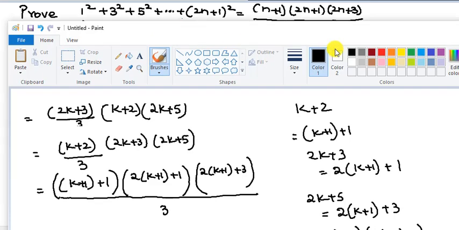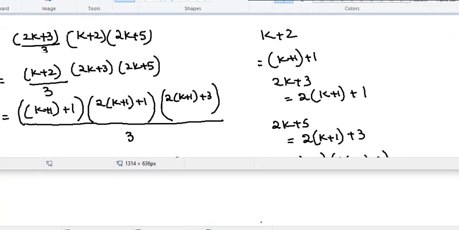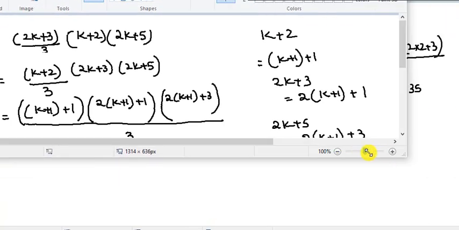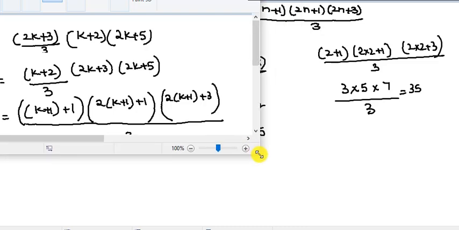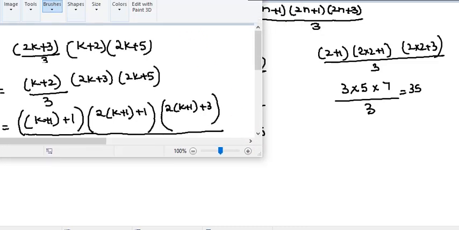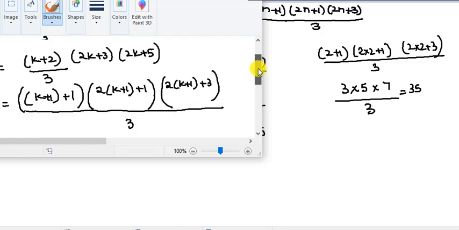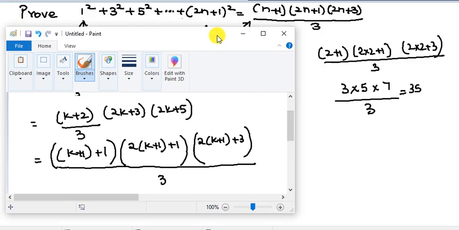If you see, I'll try to make it a little smaller. So you see, n plus 1, k plus 1 plus 1, 2n plus 1 expanded to 2 times k plus 1 plus 1, 2n plus 3.